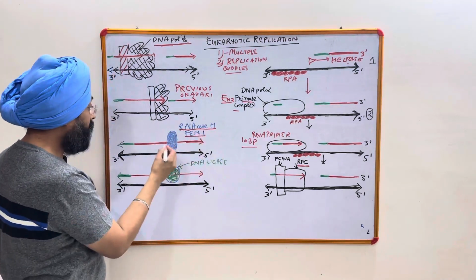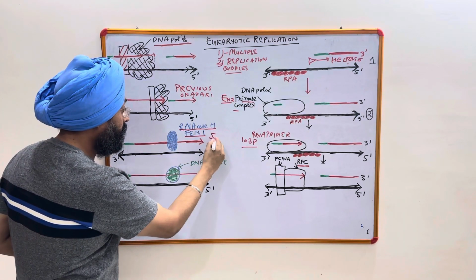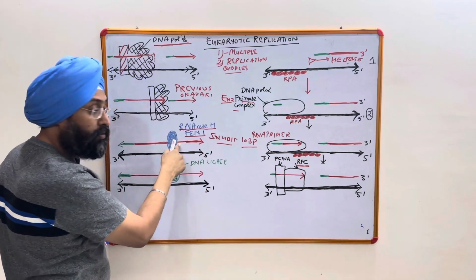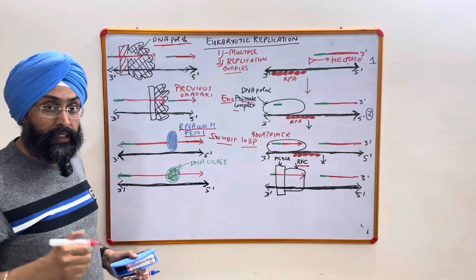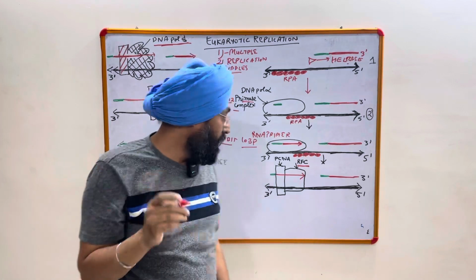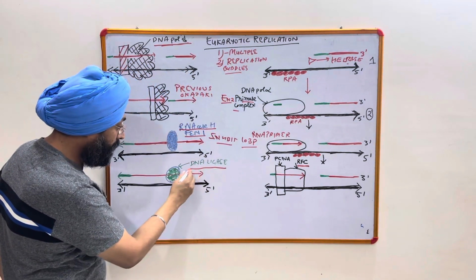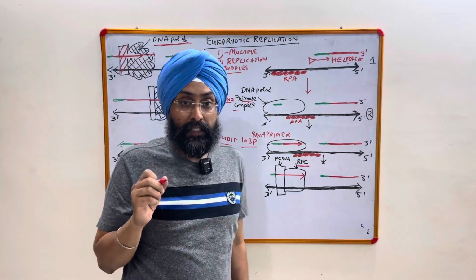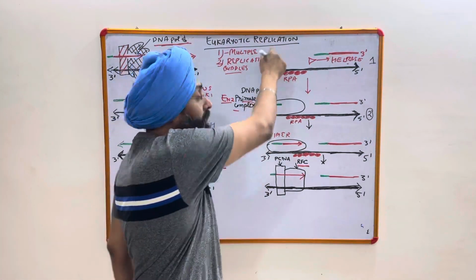The RNA primer is removed from here, and where it is removed, there is some gap left. The gap is sealed by DNA ligase. So that finishes our complete replication in eukaryotes on the lagging strand.